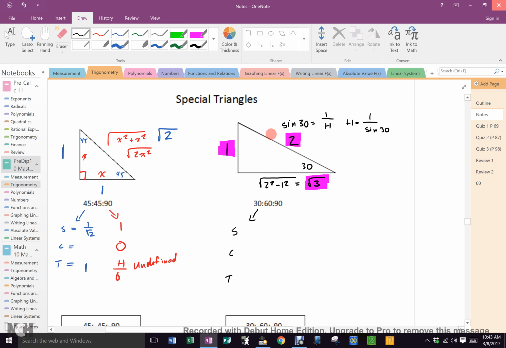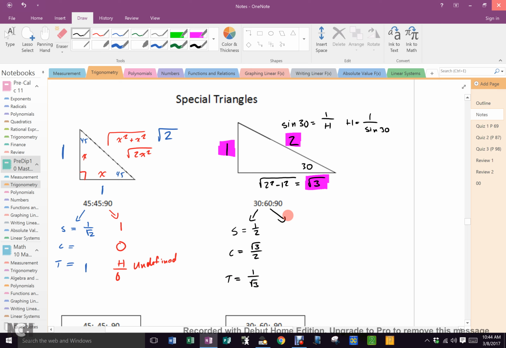You've got the 3 numbers there. What are they? Sine of 30 is what? 1 over 2. Cos of 30 is what? Root 3 over 2. Tan of 30 is what? 1 over root 3.